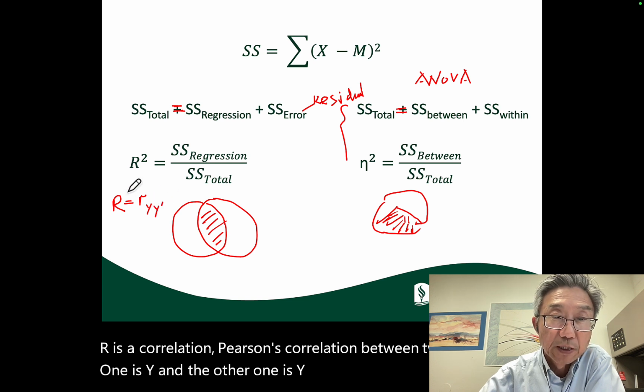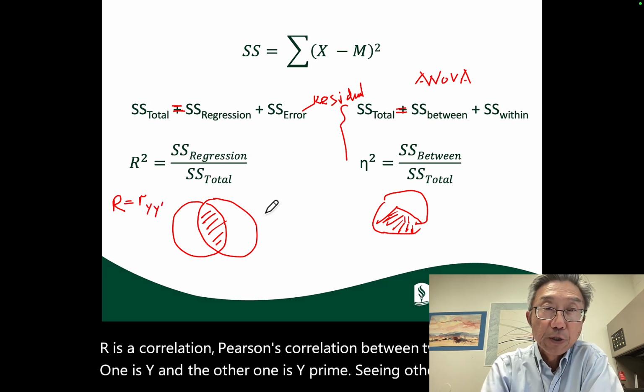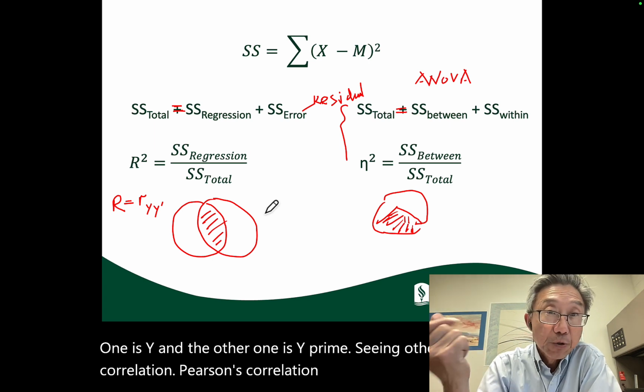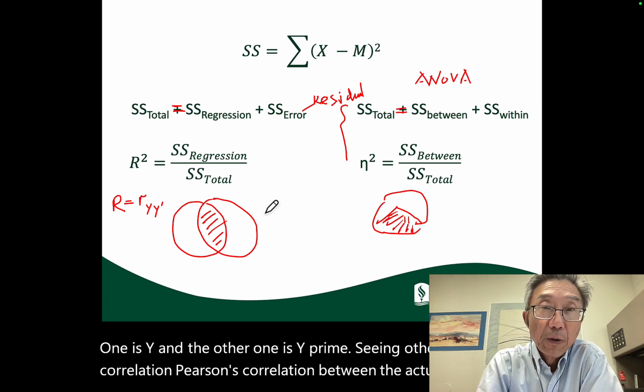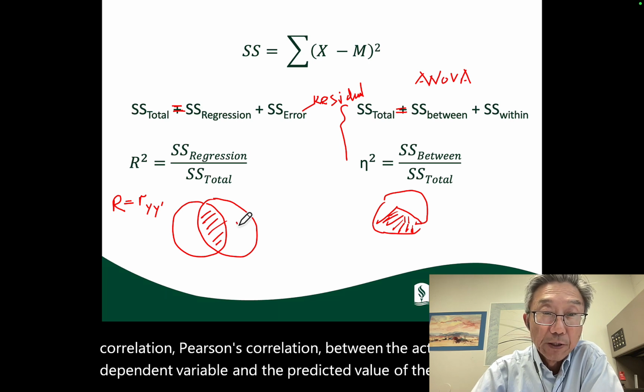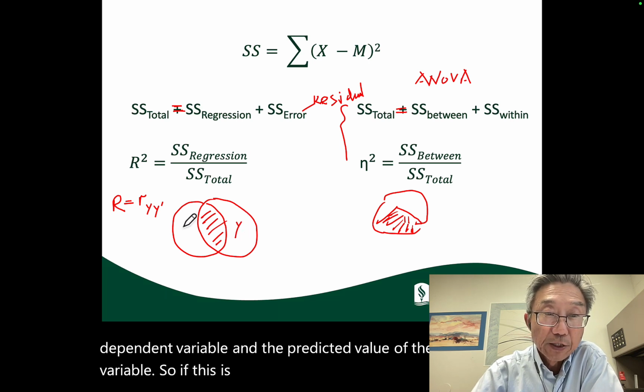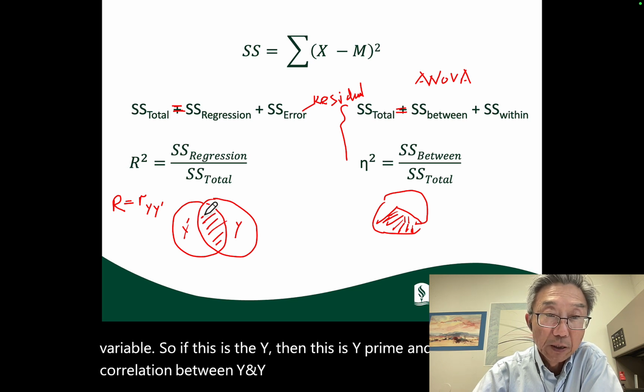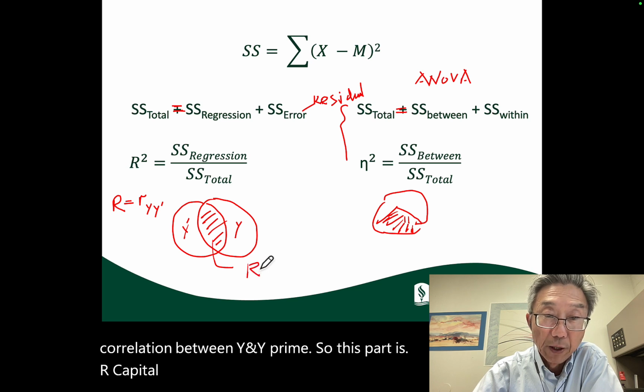So in other words, this is a Pearson's correlation between the actual value of the dependent variable and the predicted value of the dependent variable. So if this is a Y, then this is Y prime, and this is the correlation between Y and Y prime, so this part is R, capital R squared.